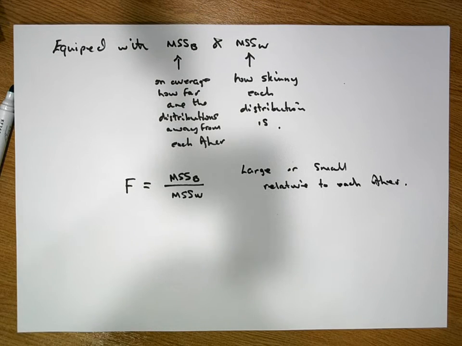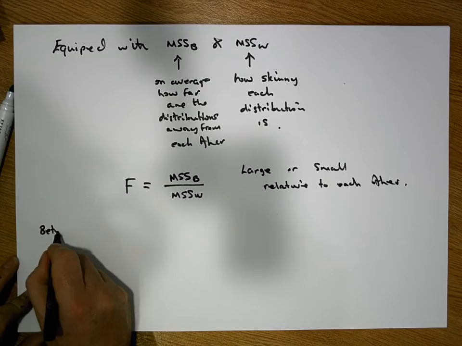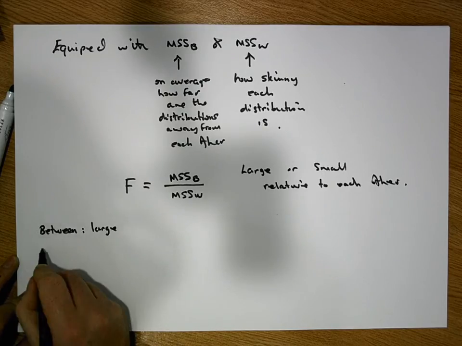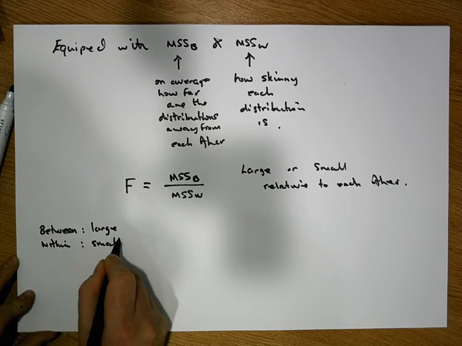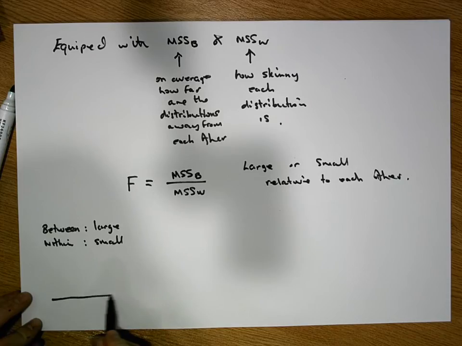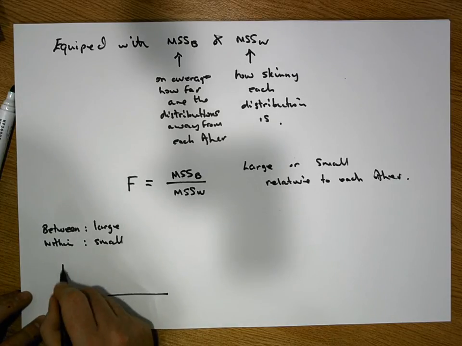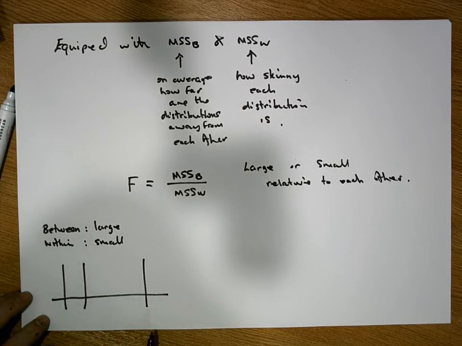Let's say for argument's sake that the between measure is large, and the within measure is small. What that means is that on average the groups are far apart from each other, and on average the groups are skinny.